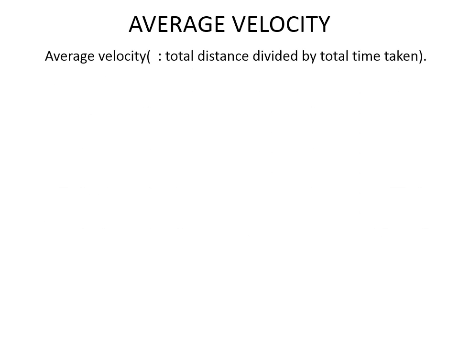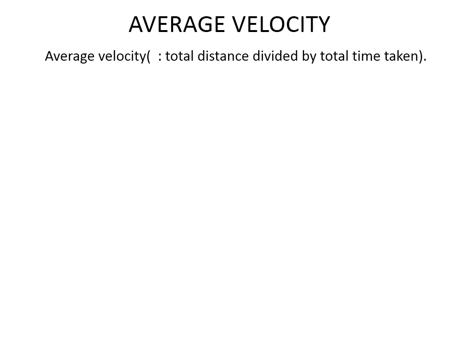And we know that velocity is displacement divided by time taken. Because the distance equals displacement, average velocity can be understood as total distance divided by total time taken, because the motion is in just one direction.